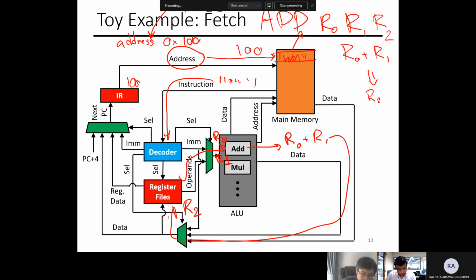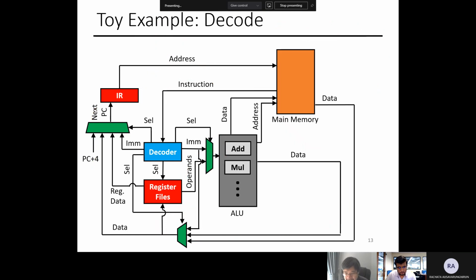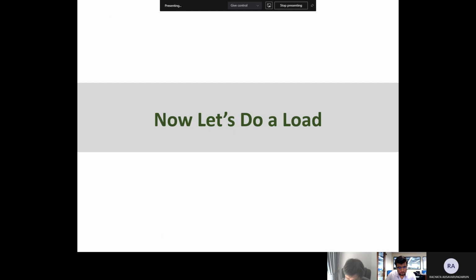And that's all. Then you increment the program counter so that it becomes 104, essentially the next line. And then you proceed until the program finishes. I did prepare slides for fetch, decode, fetch operand, execute, store result. We can cover everything in one slide. So let's do something else.